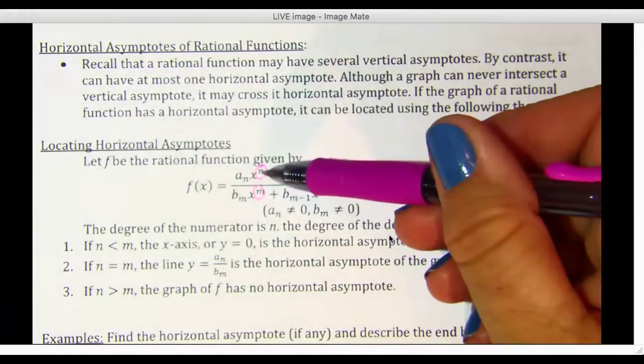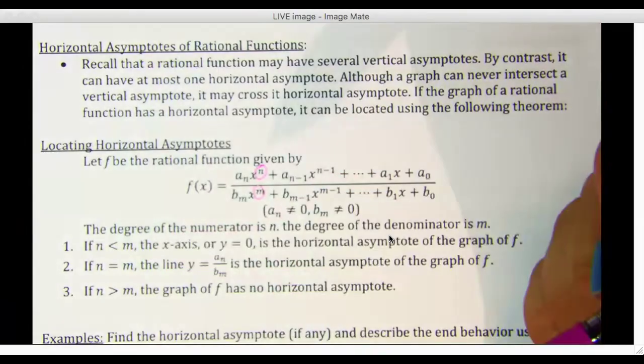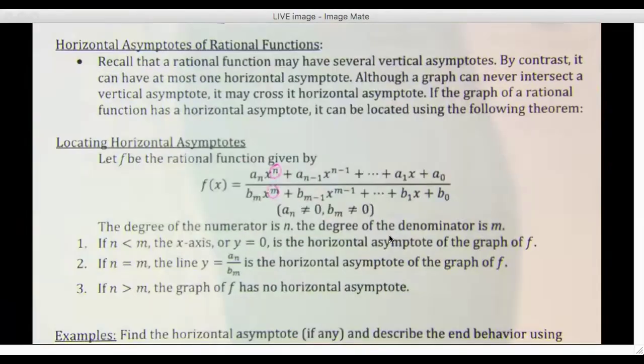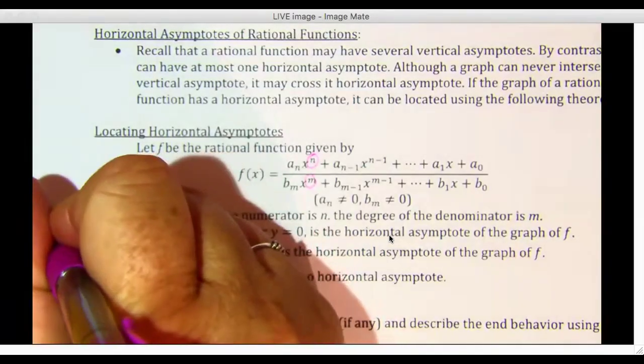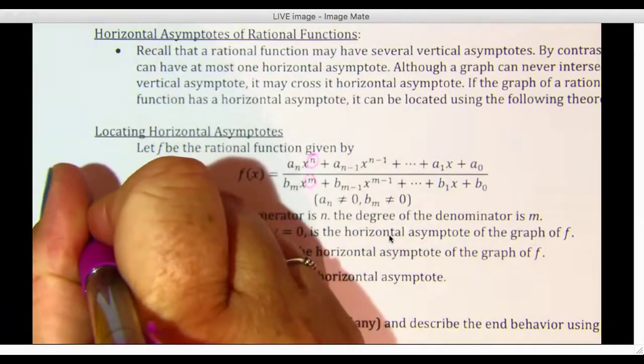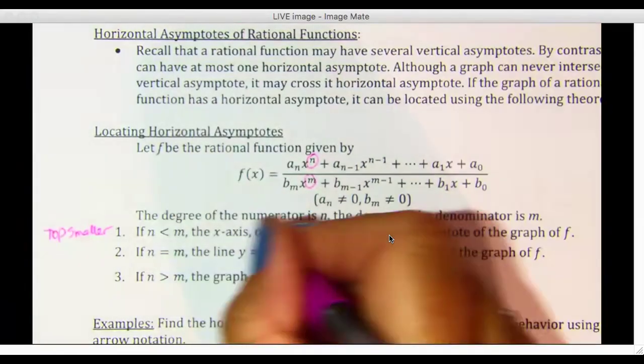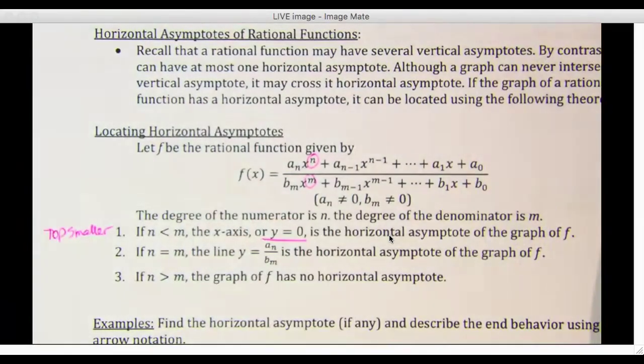If the degree of the top is smaller than the bottom, so sometimes I'll write off to the side here, top smaller, then the equation y equals 0, which is the x-axis, is your horizontal asymptote.